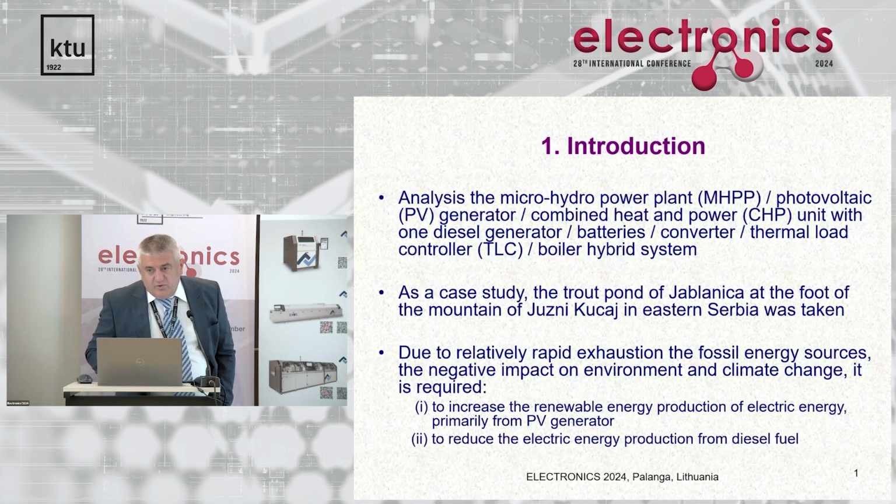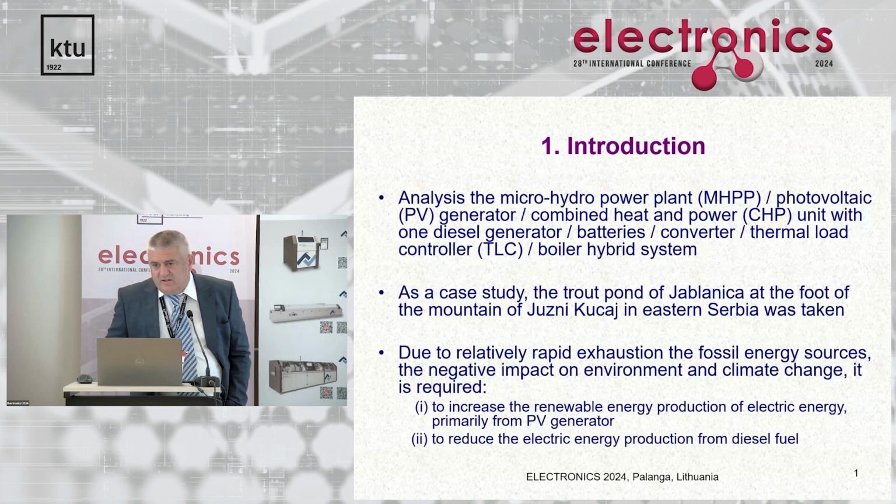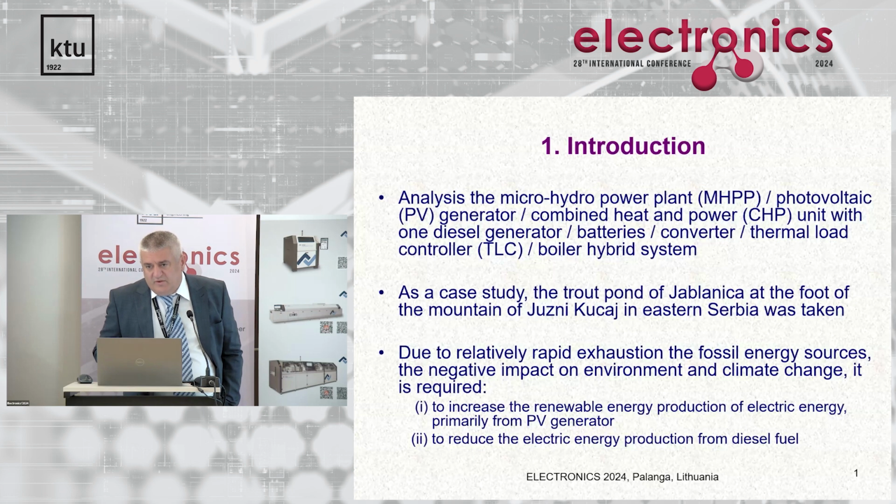And we need to have it like an option. If we exclude the diesel generator, this is a completely green solution using electricity and heat produced in one hybrid system composed of renewables.